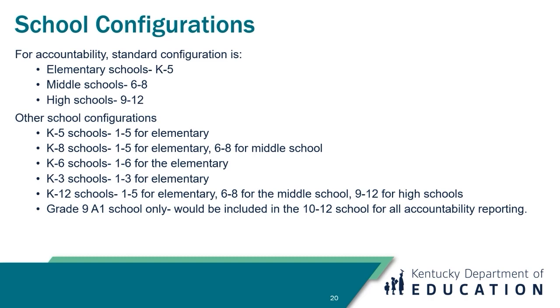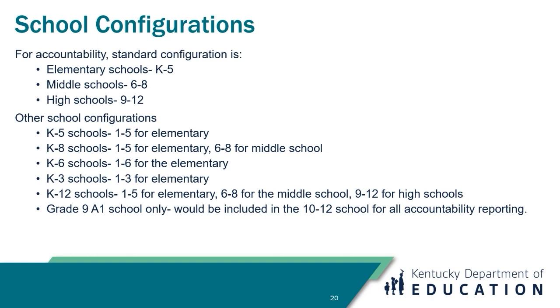For those schools encompassing K through 6, the entirety of grades 1 through 6 falls under the elementary banner. Schools that have a narrower focus, say K through 3, would obviously categorize grades 1 through 3 as elementary. The expansive K through 12 schools cover the full spectrum, grades 1 through 5 as elementary, 6 through 8 for middle school, and without any surprises, 9 through 12 for high school.